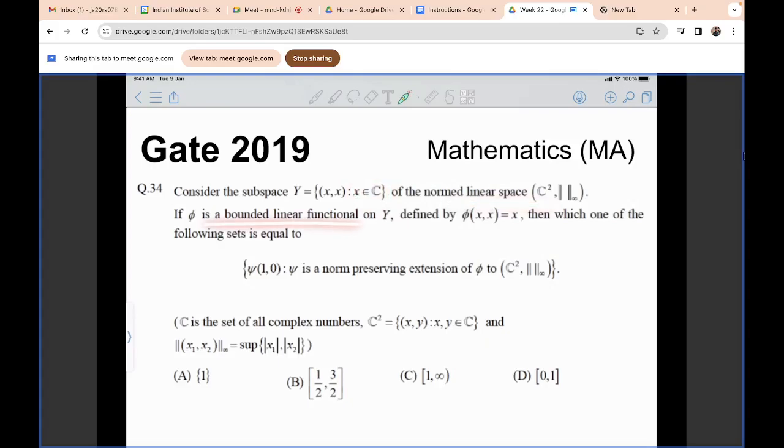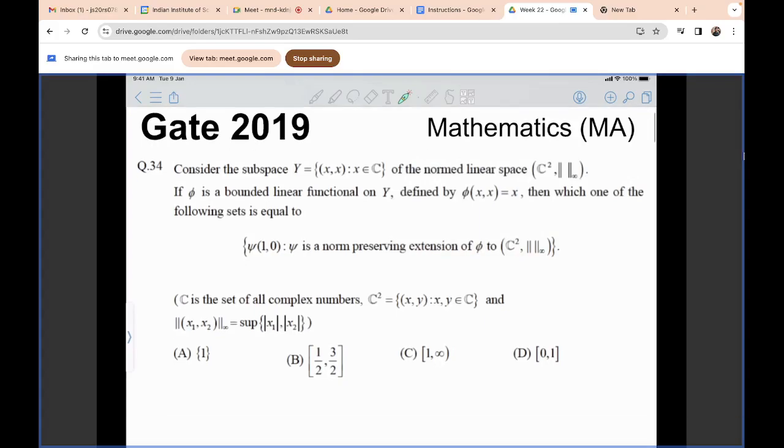If phi is a bounded linear functional on Y, defined by phi of (x, x) equals x, then which of the following sets is equal to this set: psi at the point (1, 0) such that psi is a norm-preserving extension of phi to the normed linear space C2 with norm infinity? The four options are given; you have to check which one is correct.